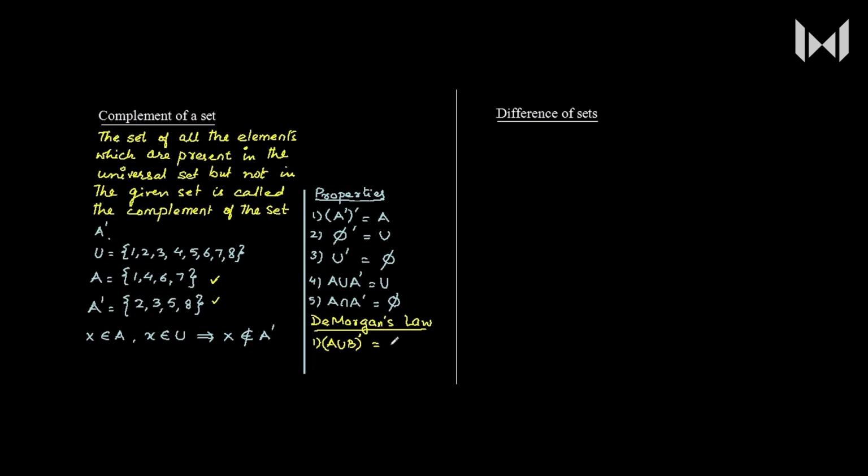So over here we shall remember it this way. So this will become A complement, negative of union will be intersection and B complement, and the second case will be A intersection B the whole complement will be A complement union B complement. So the last two properties are very important and you have to in fact remember all the properties.